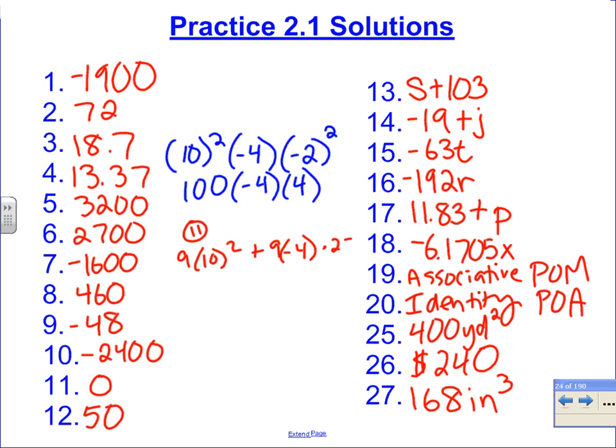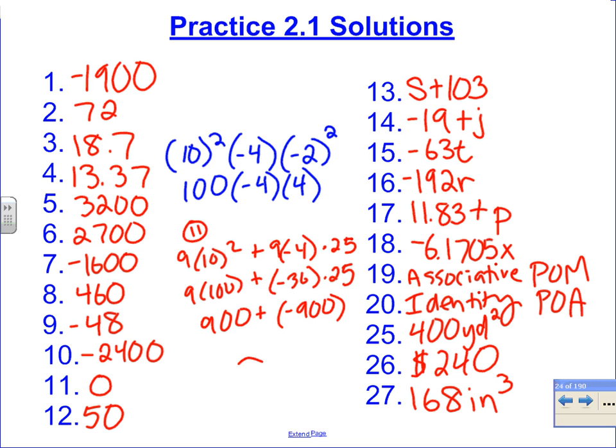So that leaves us with 9 times 100 plus 9 times -4 is -36 times 25. 9 times 100 is 900 plus -36 times 25 is -900. I know that's so little, but of course in math, it's annoying. If you miss that, the whole answer is going to be wrong. Yeah, that was tricky for number 11.